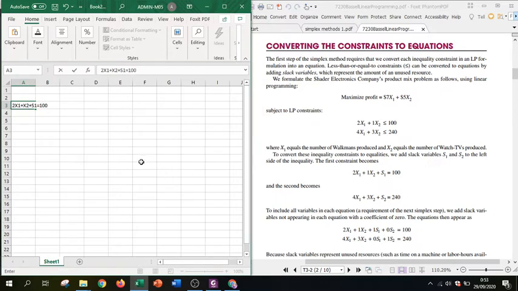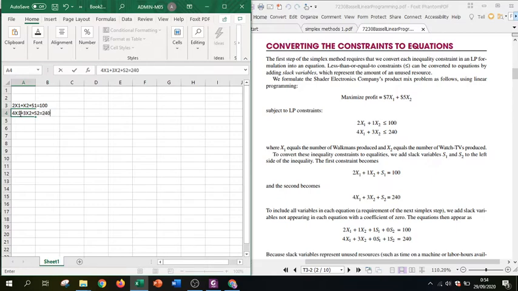And then the second constraint: 4x1 plus 3x2 plus s2 equals 240.